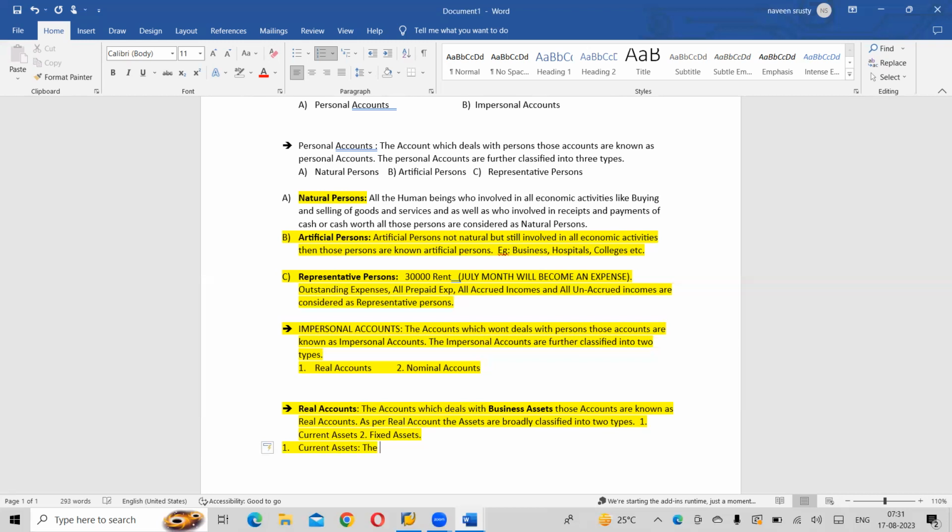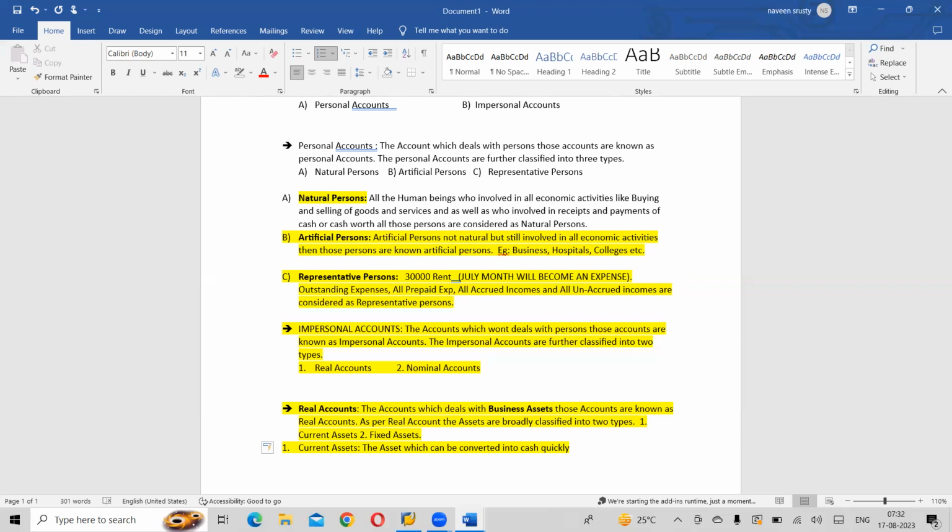The asset which can be converted into cash quickly. Then those assets are nothing but current assets.